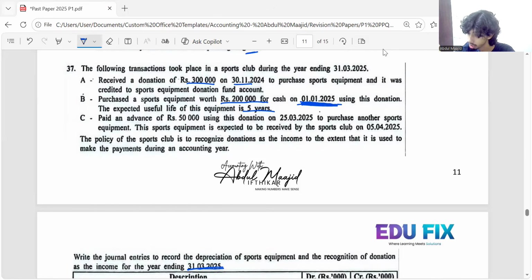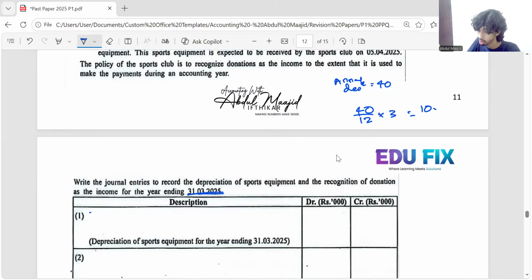The annual depreciation is 40. Now you want to find the depreciation from January to March, that is 3 months. 40 divided by 12 into 3, that's going to be 10,000. And you're going to say here depreciation expense debit 10,000. Here they're saying to write in 1,000. Accumulated depreciation account will be credited by 10,000.